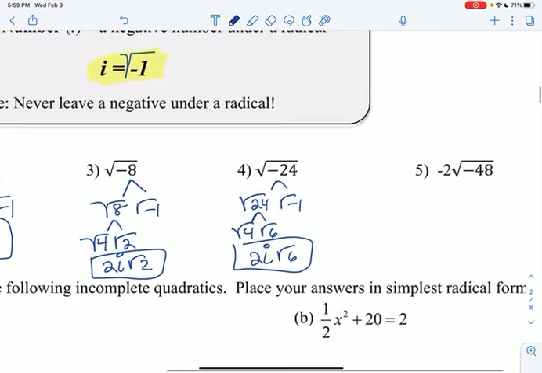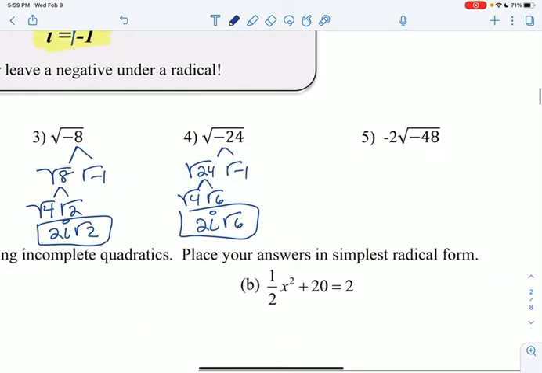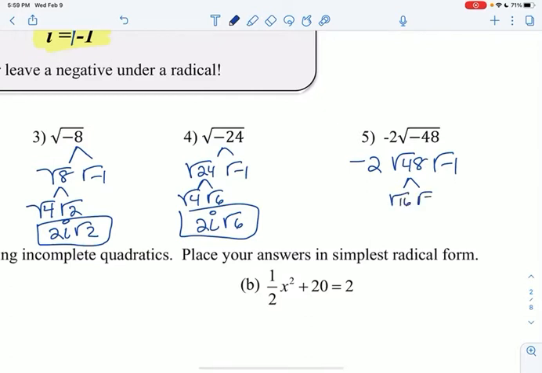And let me just show you what happens if there's a number in front. Basically, the number in front just stays in front. I'm going to simplify the square root of 48 times the square root of negative 1. Now the 48 can get simplified. There's a perfect square that goes into 48. 16 times 3 is 48.